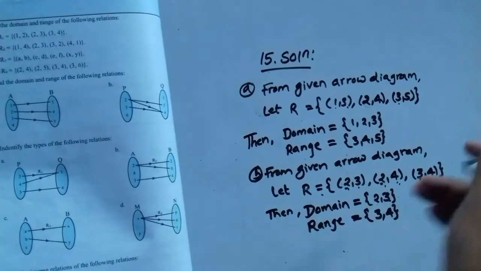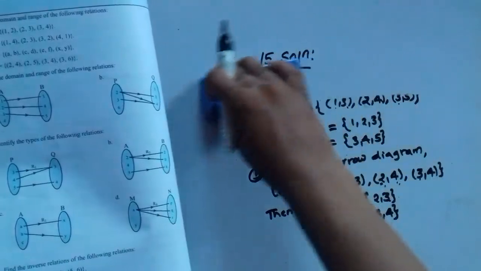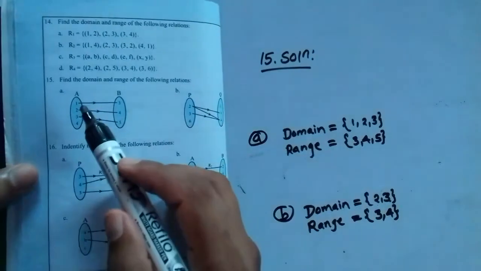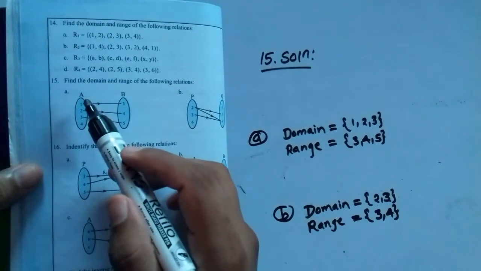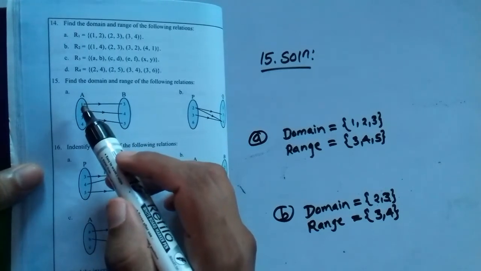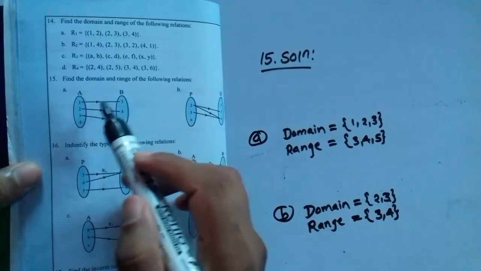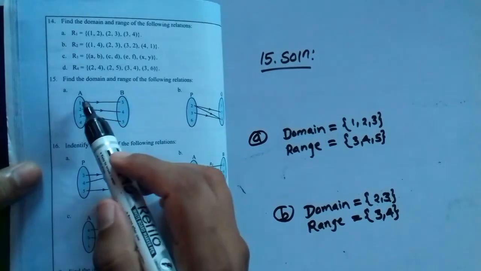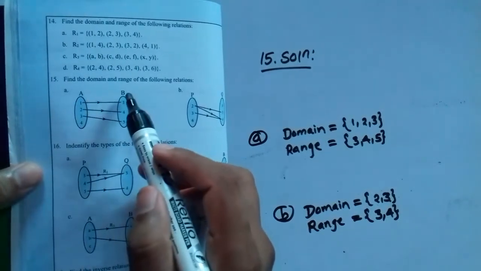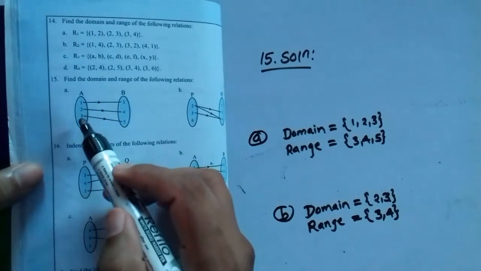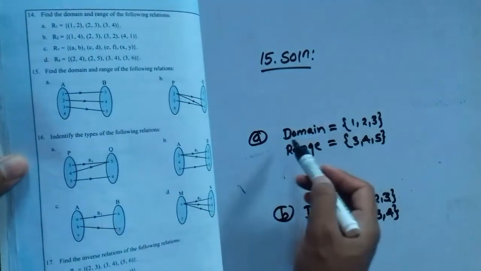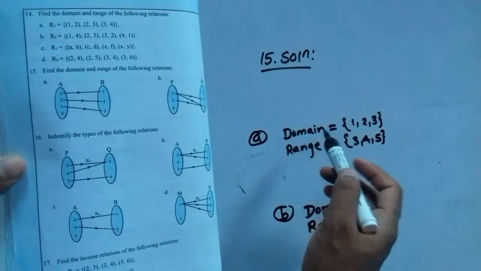Or in another way we can directly write, for domain we have to choose elements from A in such a way that all the elements of this first set have image or relation with set B. Here 1, 2 and 3 have relation with elements of set B, so 1, 2 and 3 are the elements of domain.